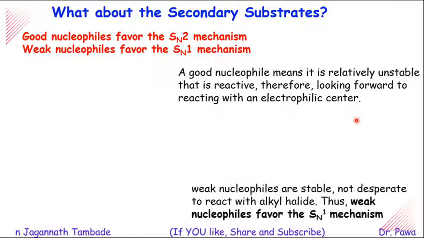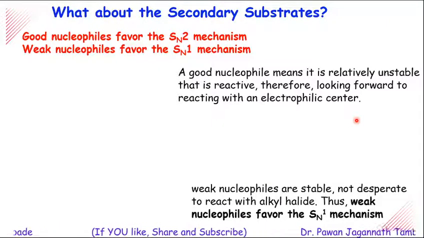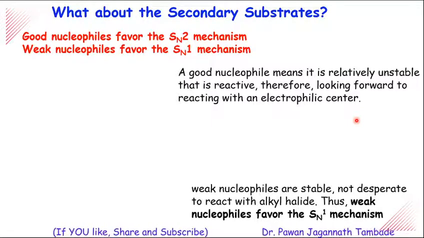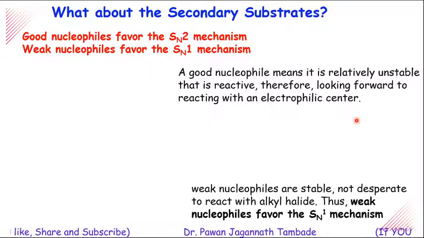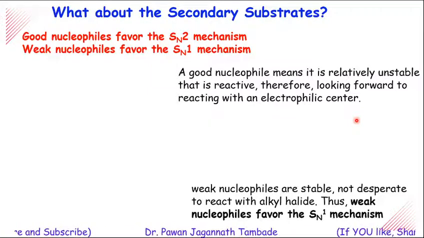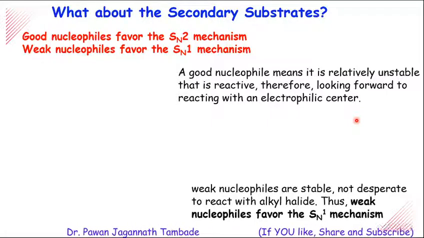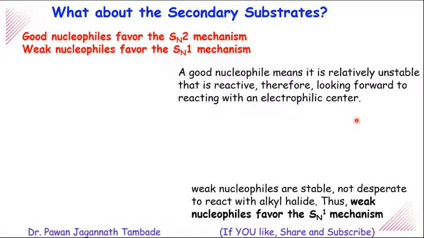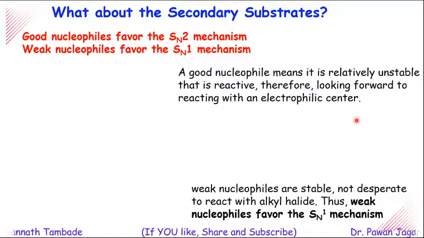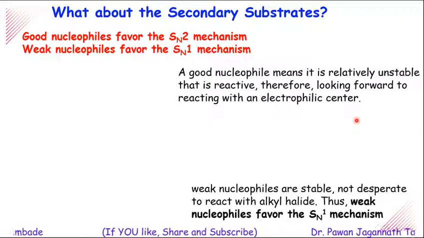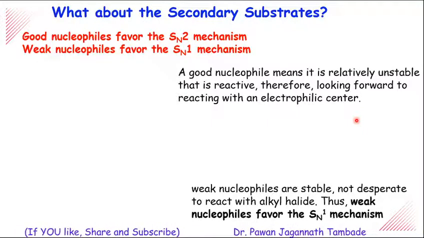However, if we are having a weak nucleophile, then weak nucleophiles are stable, they are not desperate to react with alkyl halide, thus weak nucleophile always favors SN1 mechanism. It is not involved in the rate determining step. It waits for formation of carbocation intermediate, and once carbocation intermediate forms, then such weak nucleophile attacks on that carbocation and we will get SN1 type of product.